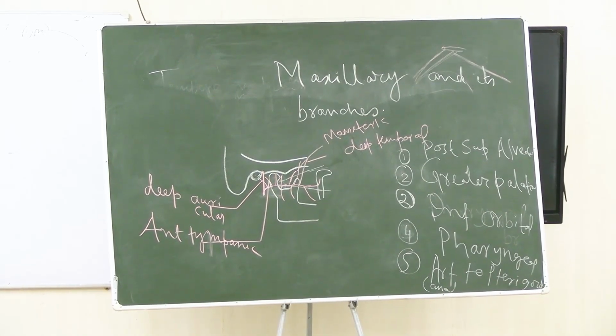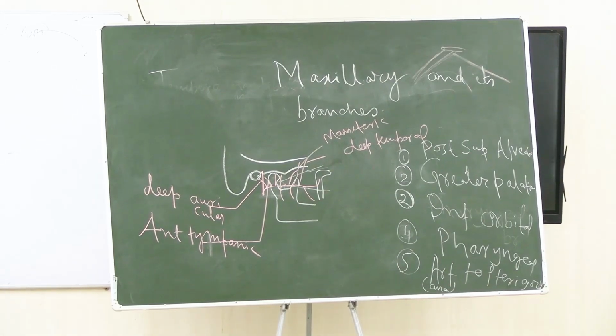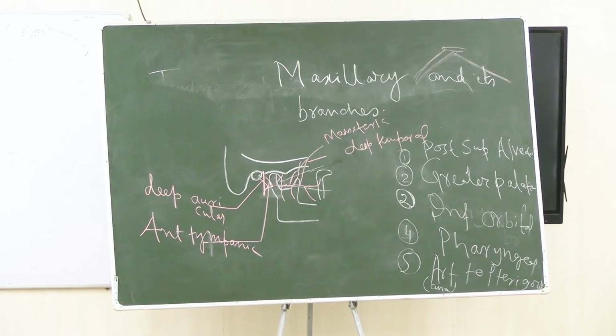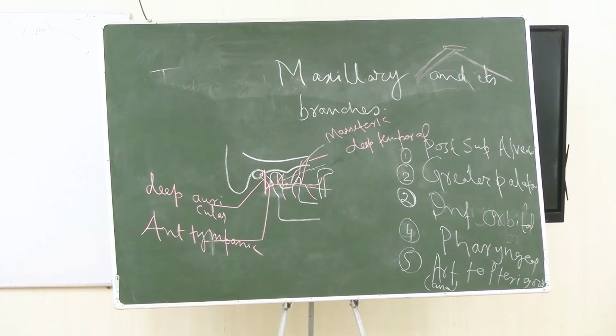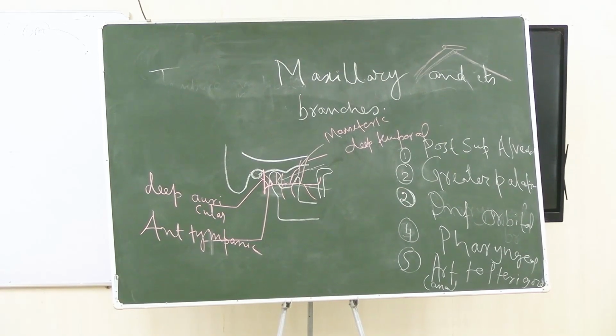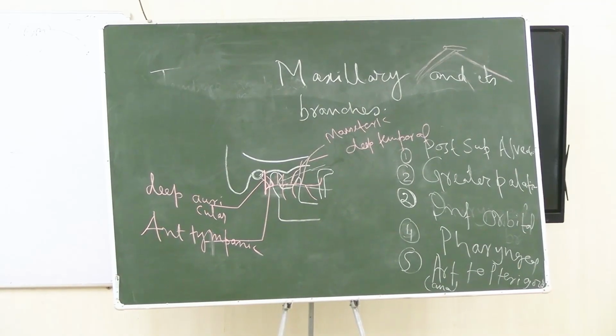And there is a communication between the pterygoid venous plexus and the cavernous sinus by a small emissary vein, and through that emissary vein it will reach the cavernous sinus. So indirectly it is communicating.